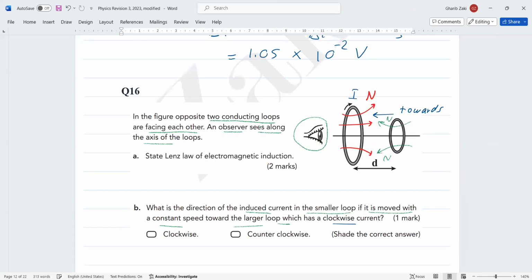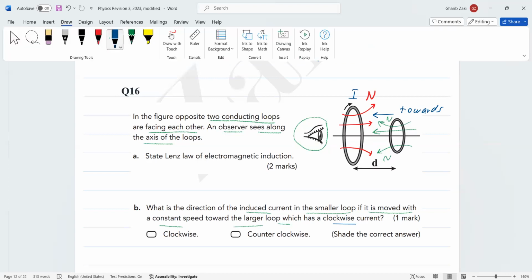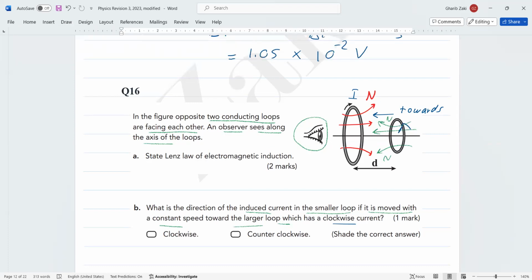Now, this is north, then we have an induced current in the smaller loop. By using the right-hand grip, the direction of the current in the smaller one is counterclockwise, anti-clockwise. So this question about Lenz's law is a very important question.